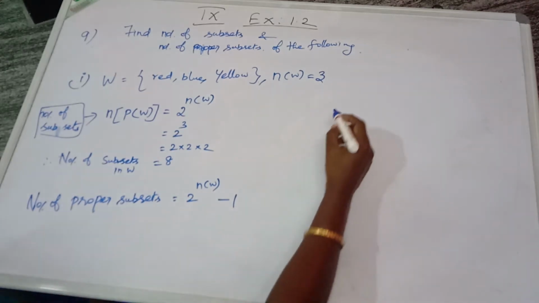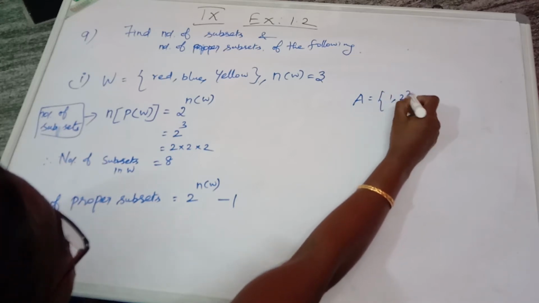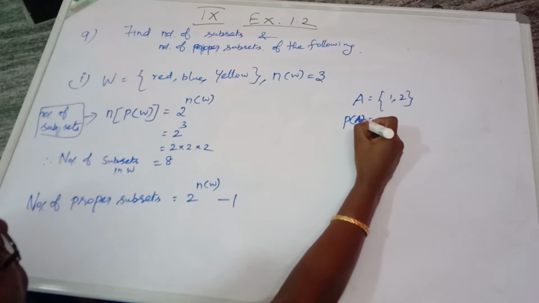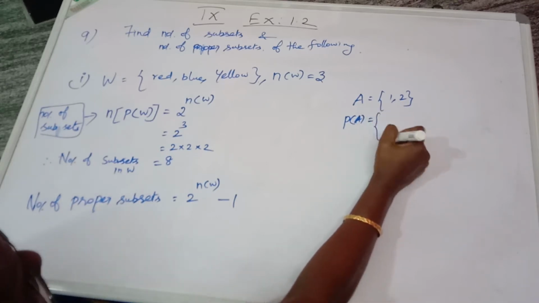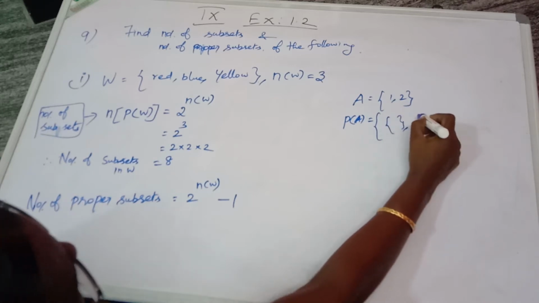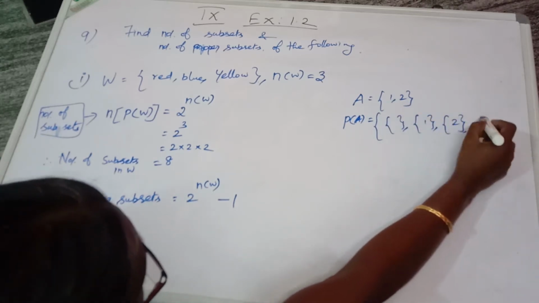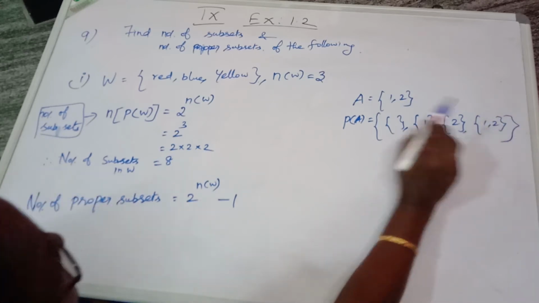Because, for example, if the set A has only 2 elements, 1 and 2, then what is the power set? It is nothing but the set of all subsets of A. So you write the subsets: the empty set, singleton set 1, singleton set 2, and the given set is also a subset. These are the subsets.